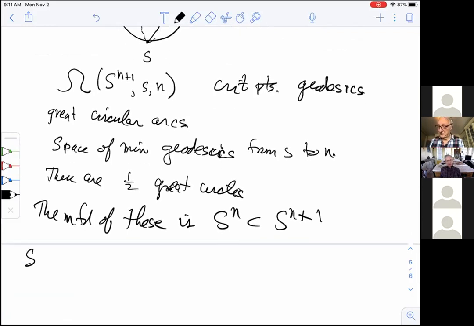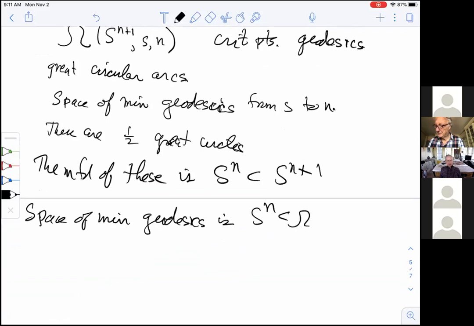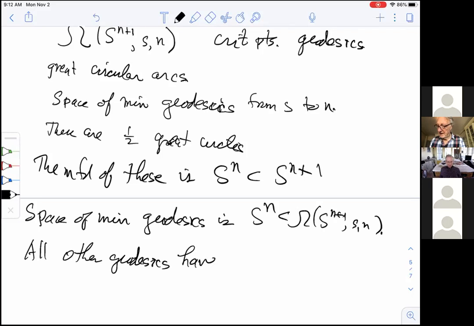So the space of minimal geodesics is Sn inside the loop space. I claim all other geodesics, that is all non-minimal geodesics, have index greater than or equal to 2n minus 1, 2n.